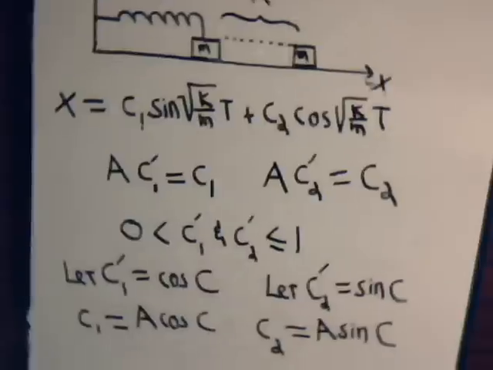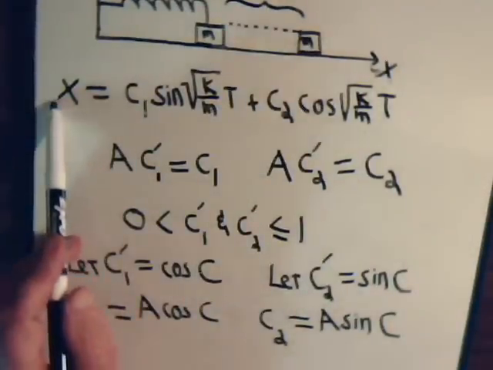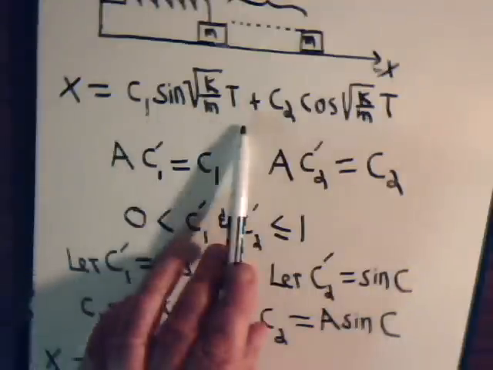Now, after we monkeyed around with these arbitrary constants, let's rewrite the equation for x. X equals C1, that's this, times this.